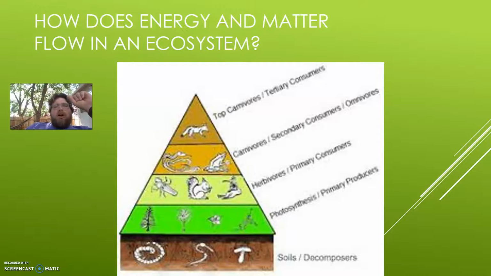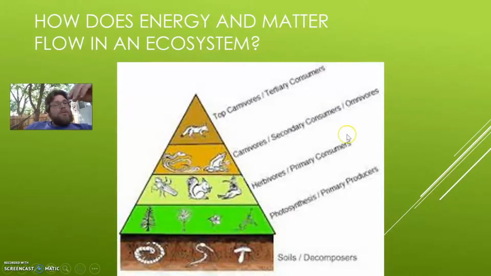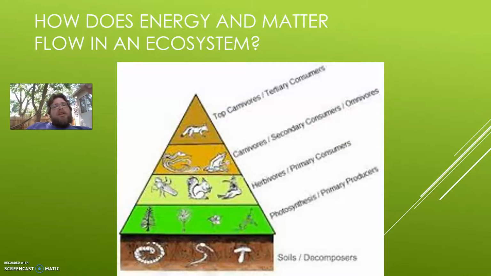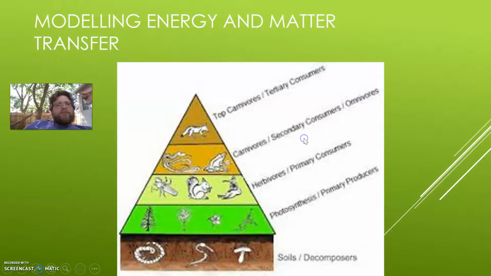In that video, I'll go over what those terms mean, and that will help you with this video. If you know what those terms mean, you feel good on it, and you're wanting help with the ecosystem, energy, and matter worksheet, this is the video to watch.